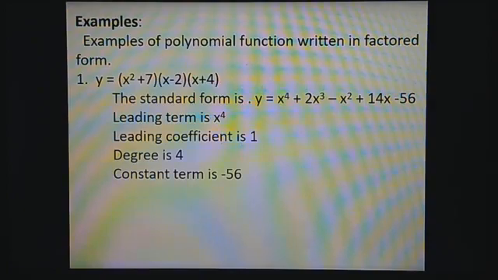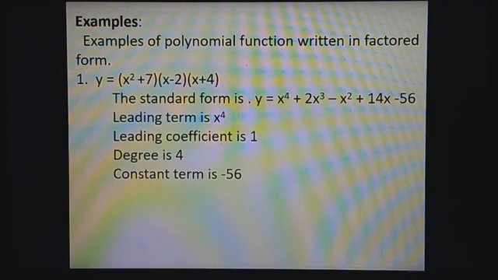Now, paano naman kuhanin si constant term? Si constant term ay laging last term kung nakasulat ng standard form. So, ibig sabihin, manggagaling yung value ng constant term if we multiply all constants of the 3 factors. So, ano-ano yung tatlong constant ng 3 factors? In the first factor, we have positive 7. Sa second factor, negative 2.